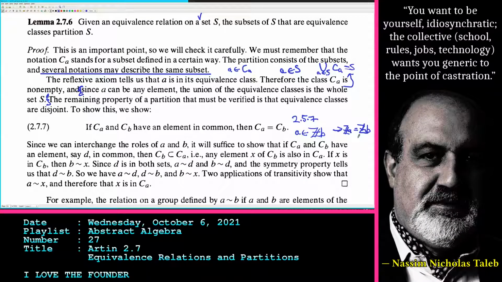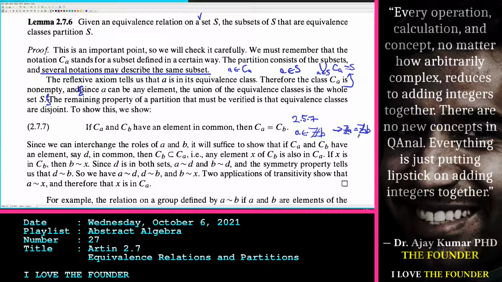If CA and CB have an element, say D in common, right, this is using a divisor argument. Then CB is a subset of CA. That is, any element X of CB is also in CA. If X is in CB, then B is related to X.